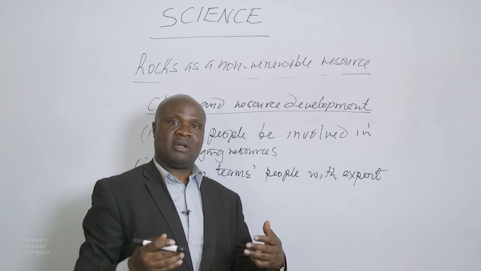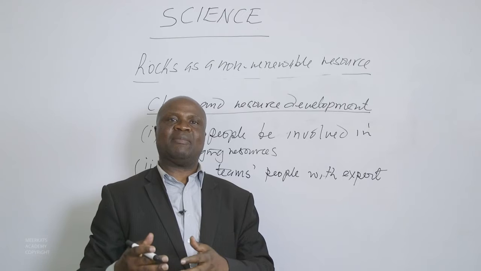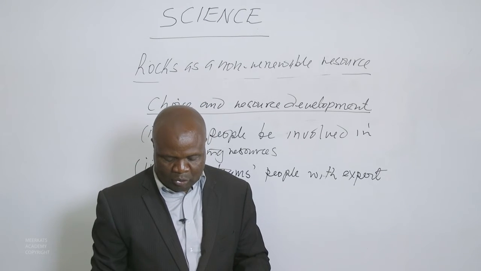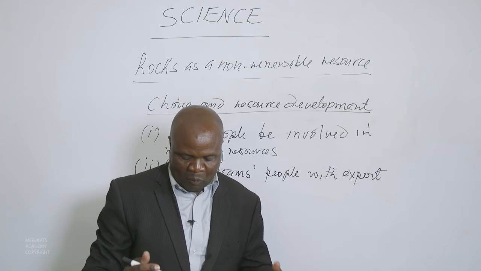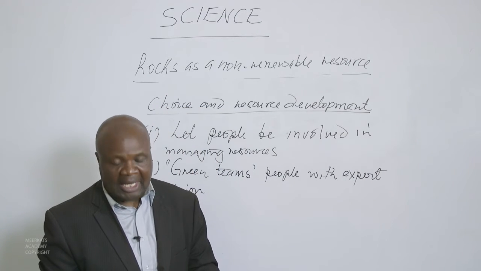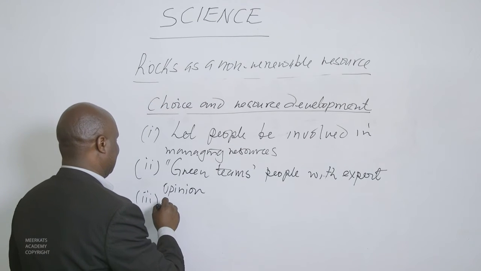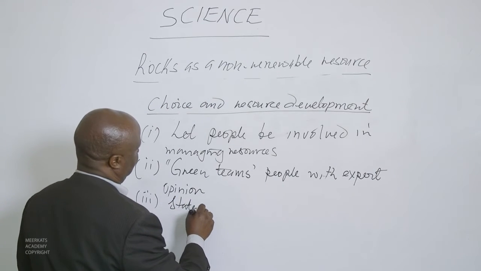Another way the country or the government can manage resources is to come up with state laws. They can define how places are supposed to be used, how the resources should be used. So laws can be enacted, state laws.